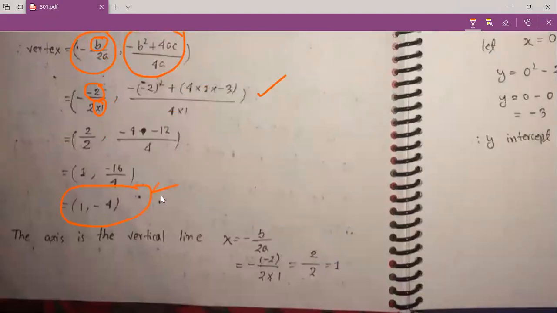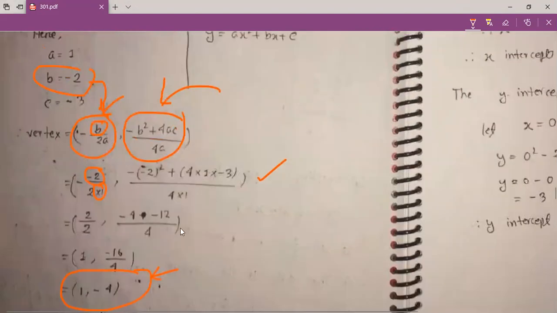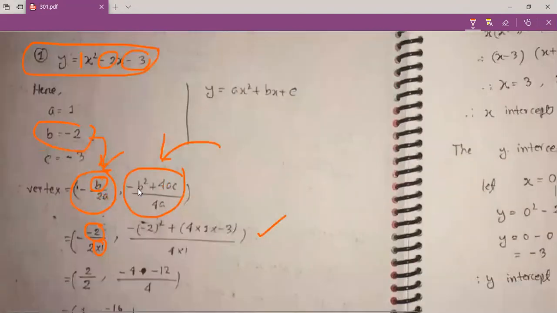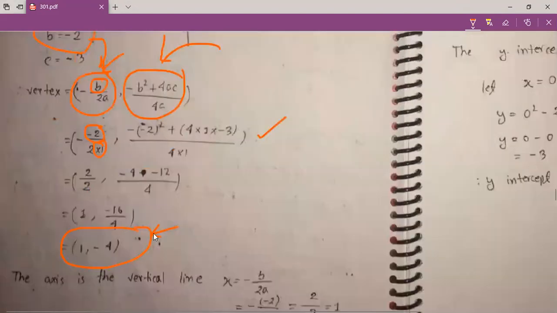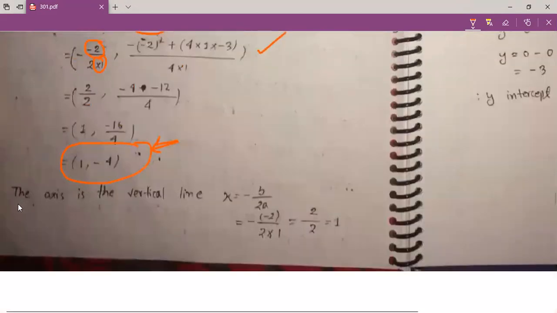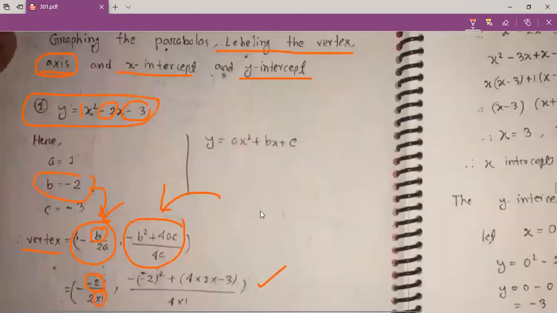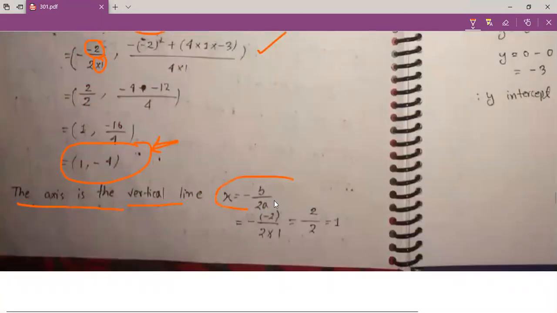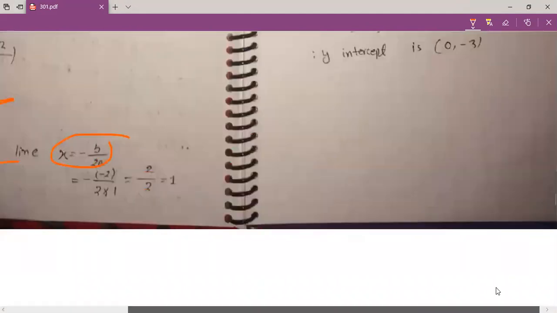This is the coordinate pair of the vertex. So this point is the vertex, and the axis is the vertical line x equals 1. So we have to find the vertical line, right? Where is that line?